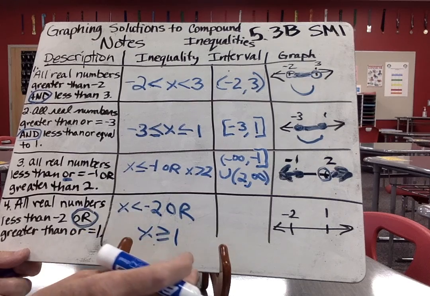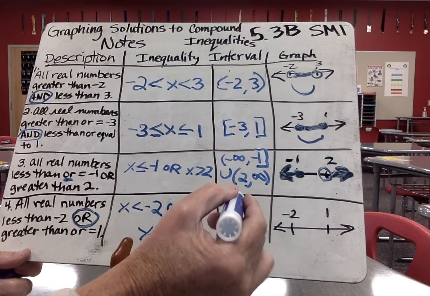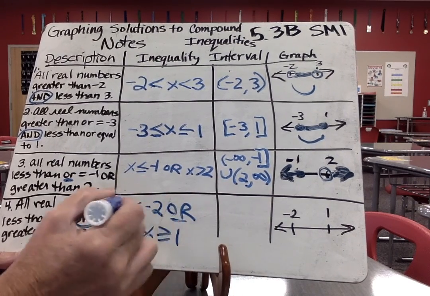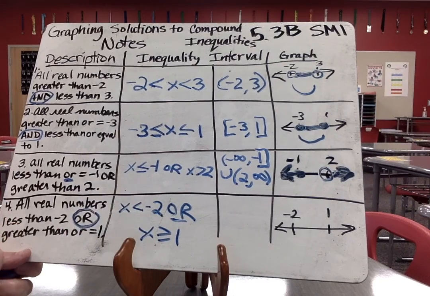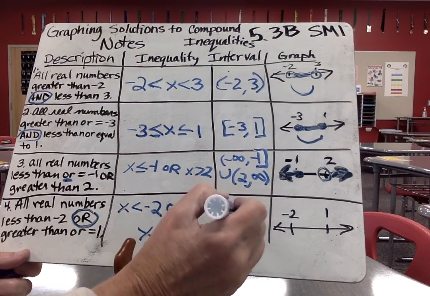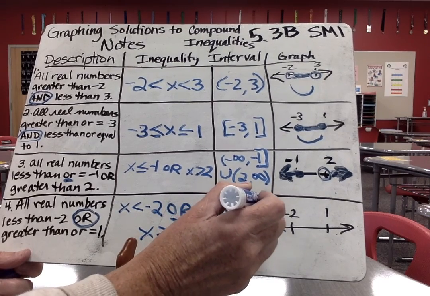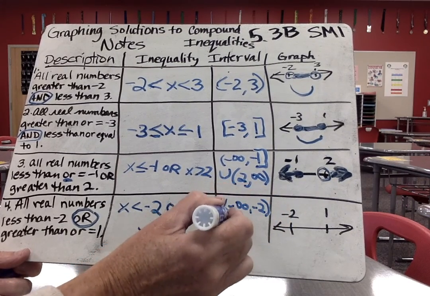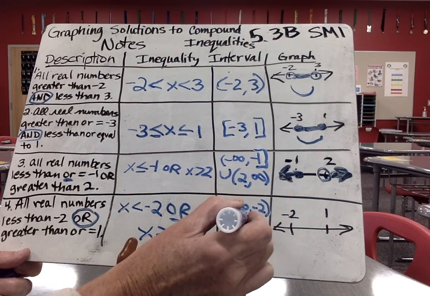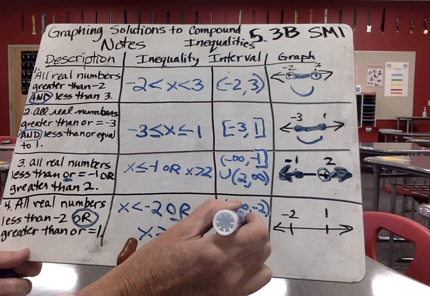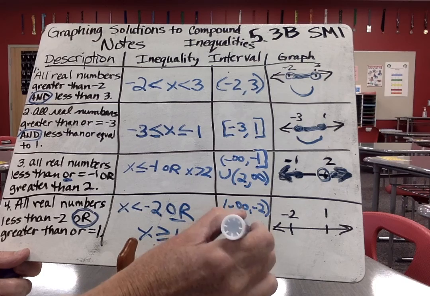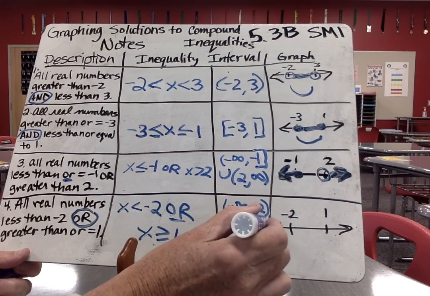Our interval notation is going to be a union one because we've got or, because there are two different intervals here. We're going to go from -infinity to -2, and we're going to unite that with, this time, 1 is included, and then it goes to infinity.